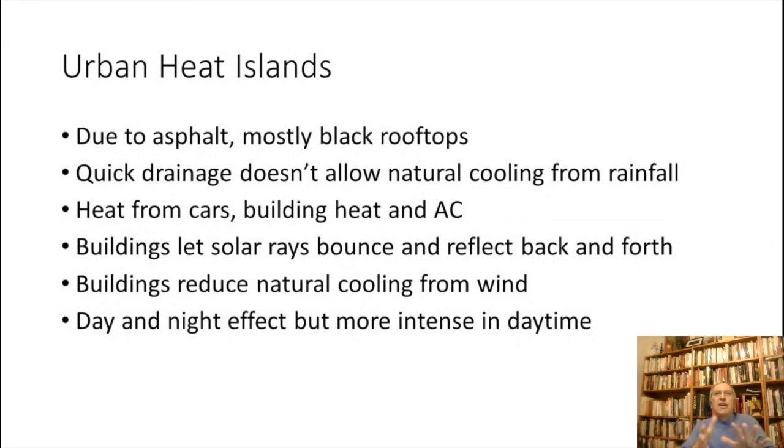But the point is, when you look at it from a satellite, wind is coming in a certain direction. If you block it, the net effect is to reduce the cooling effect of that wind, even though in certain places the wind may get funneled between buildings or whatever.